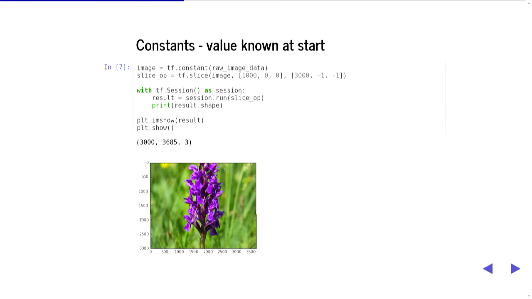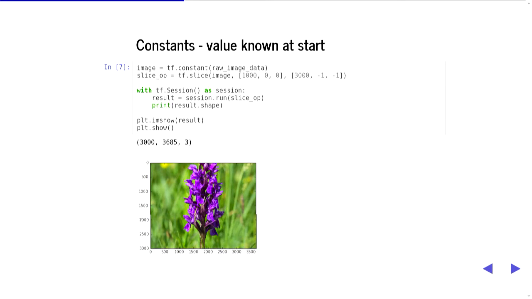Constants, you use these for values that don't change and values that you know up front. So in this case, we did know the image up front, so we can create a constant. We don't need to pass any information like the size of it or the type of that. That's all inferred. You can pass it if you want to. And then we do a slice operation. This was the other case with the axes.